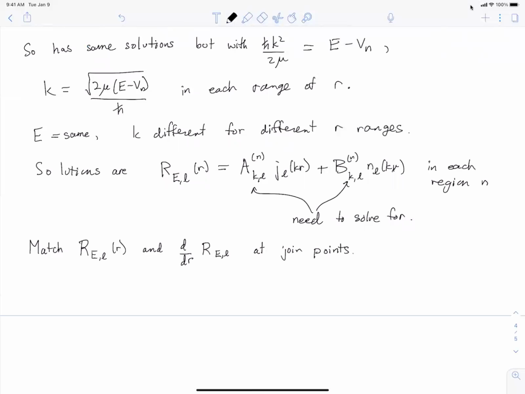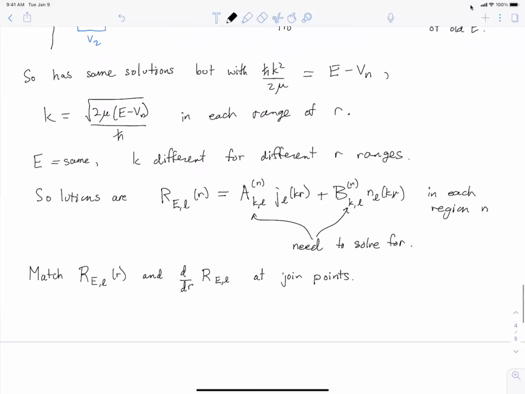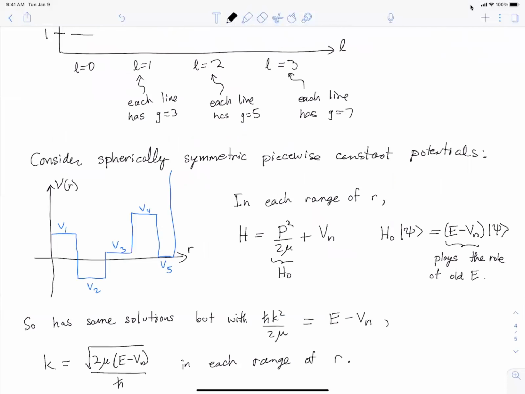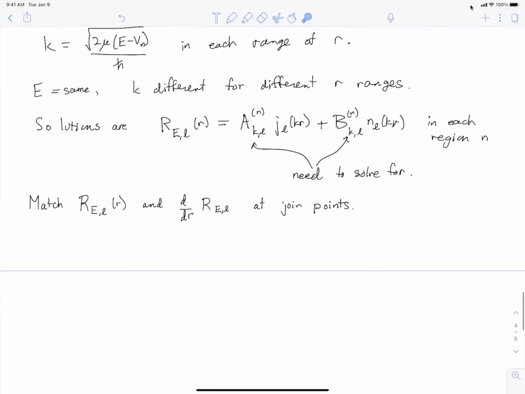The join points are the places where the potential changes from one value to another. So that's a join point, that's a join point, that's a join point, that's a join point. Except that's true as long as the potential isn't infinite on either side. So if V is finite.